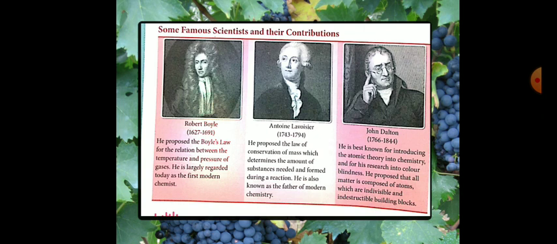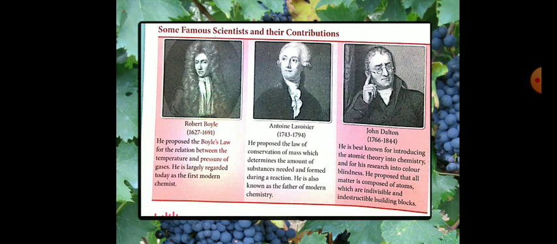Remember, chemists are those people who study chemistry. The second picture is Antoine Lavoisier. He was the father of modern chemistry. He proposed the law of conservation of mass. He also determined the amount of substances needed and formed during a chemical reaction.